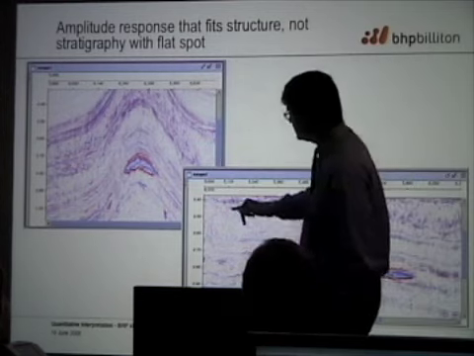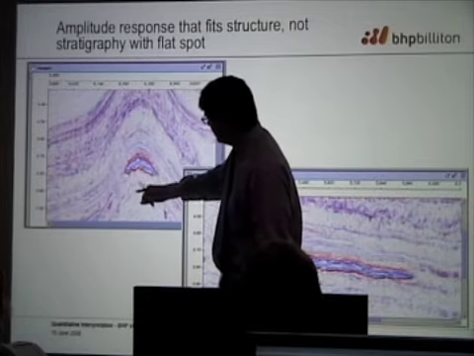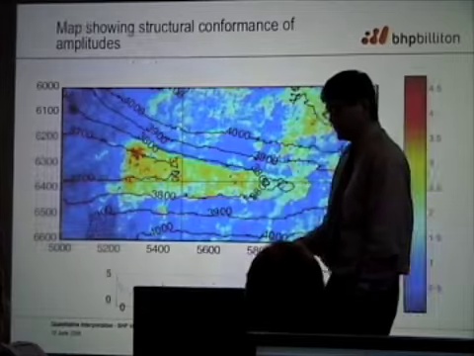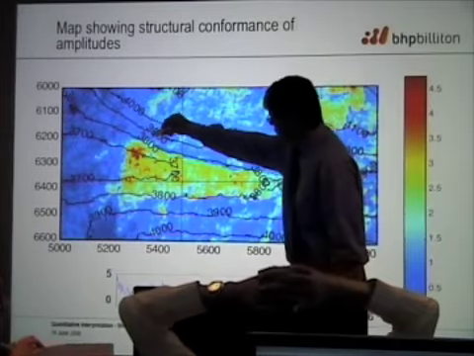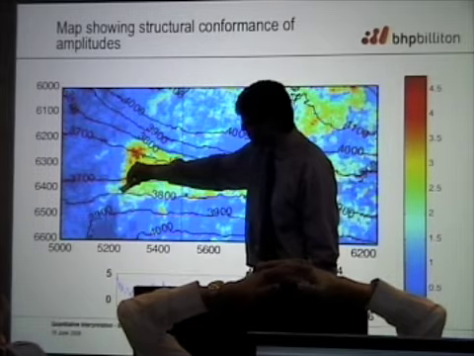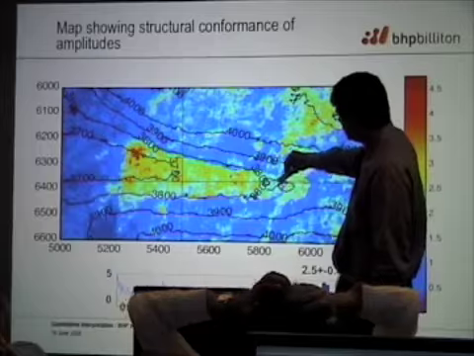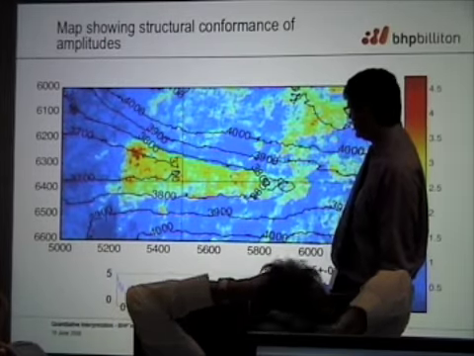And again, you end up seeing some evidence of this feather here and feather here. This is what we call fit to structure. You look at structural contours, and you see this particular amplitude cut off at a common contact. That's a time map? No, that's depth. That's depth.